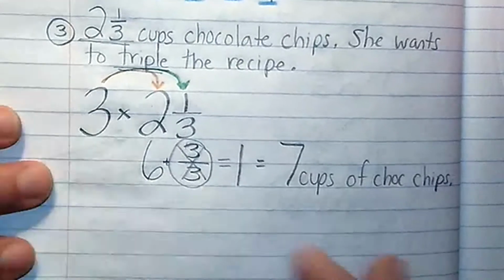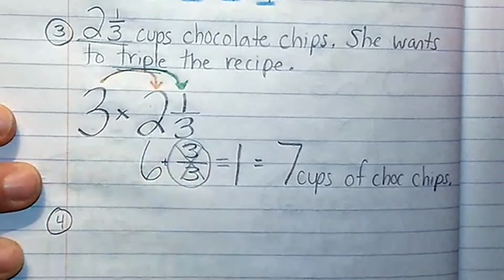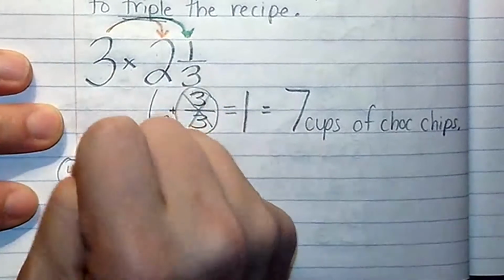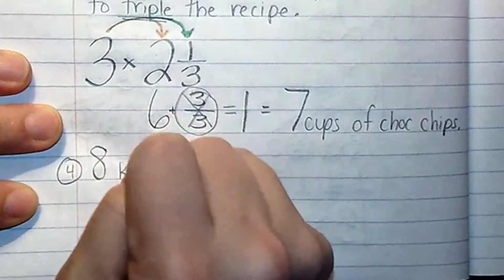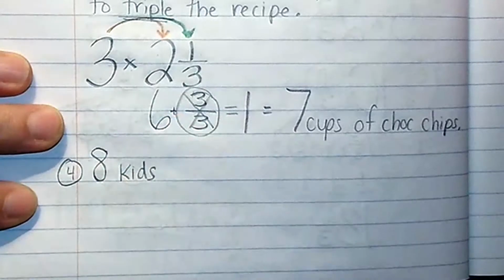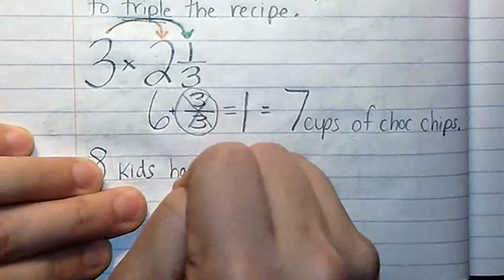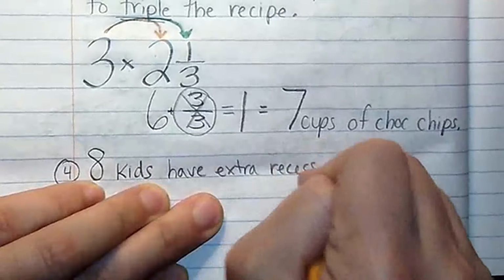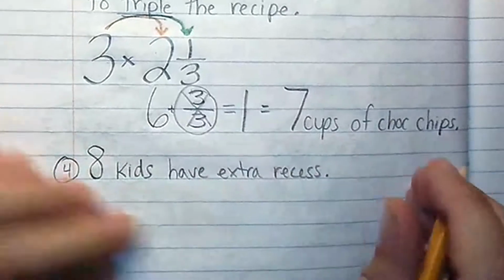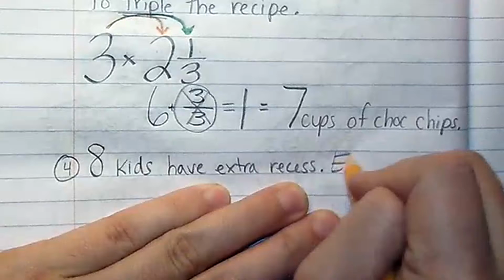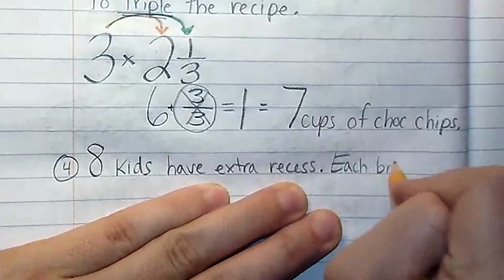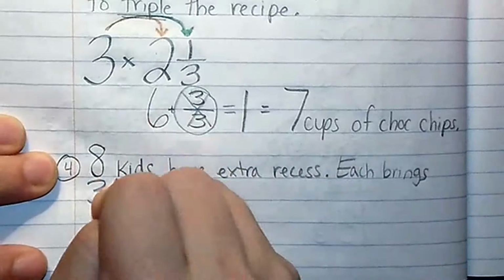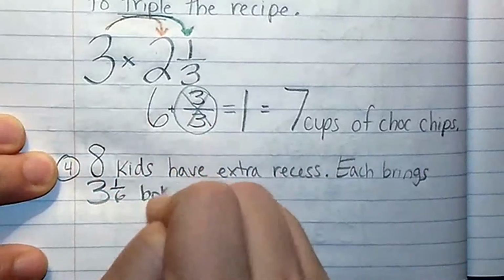All right, last one. Number 4. 8 kids are going outside for some extra recess. Each one is going to bring 3 wholes and 1/6 bottles of water.